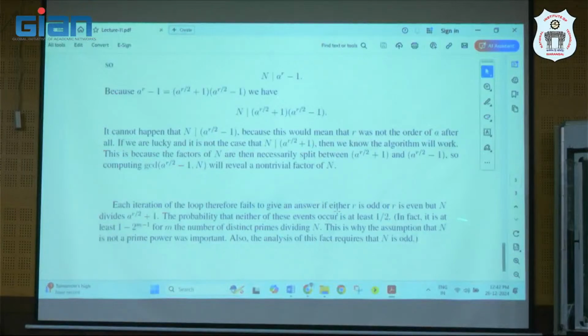Now we will separately argue that the probability that neither of these bad events occur is at least half. So this is a number theoretic argument, separate.